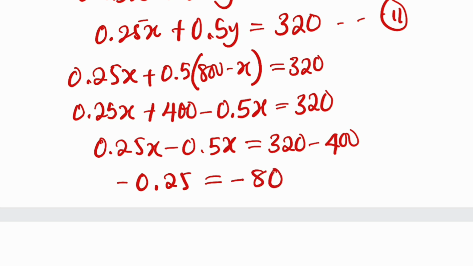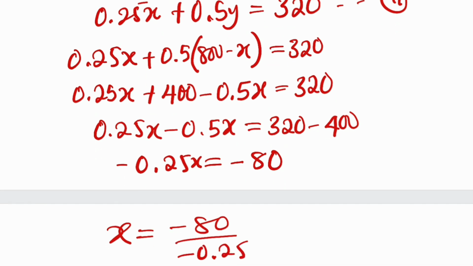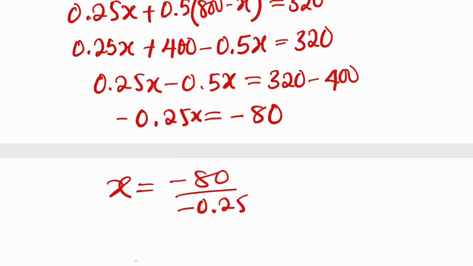Am I right? Yes, negative 80. But remember, we are looking for x, so x should be equal to negative 80 divided by negative 0.25. The negatives will cancel, and 80 divided by 0.25 is 320. So x is equal to 320 ml.